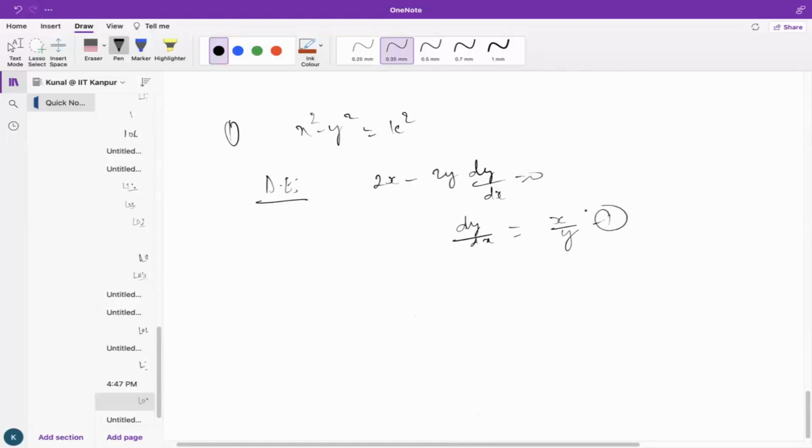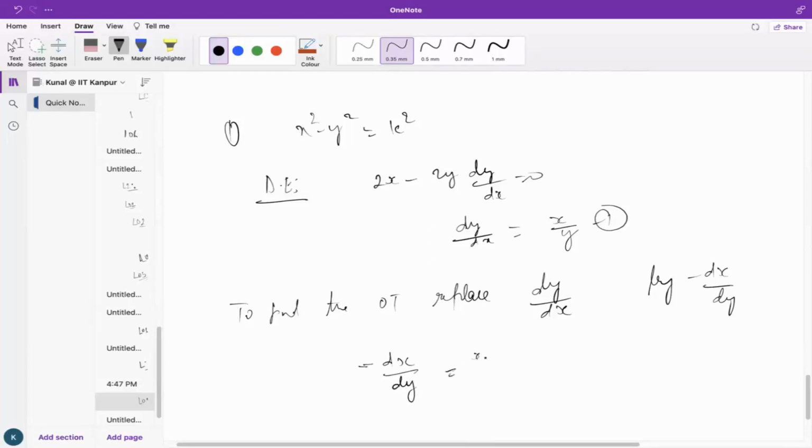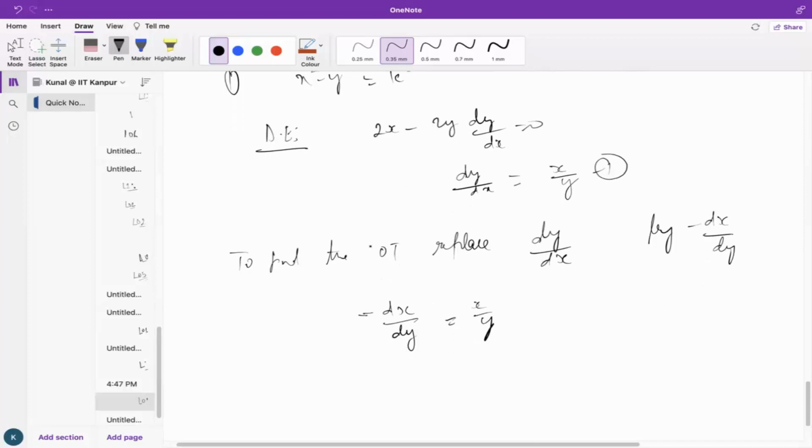Now I have to convert the dy by dx. To find the orthogonal trajectory, replace dy by dx by minus dx by dy. So we will get minus dx by dy is equal to x by y. Now integrate it.